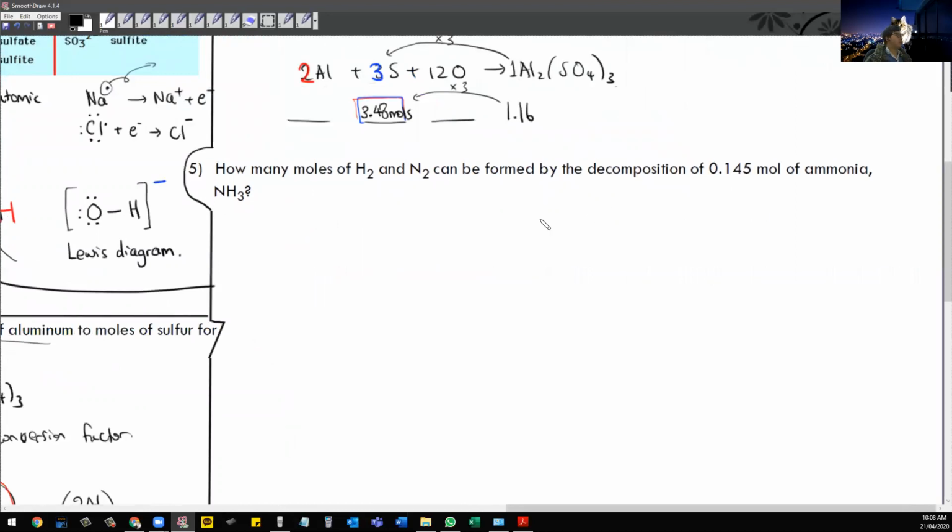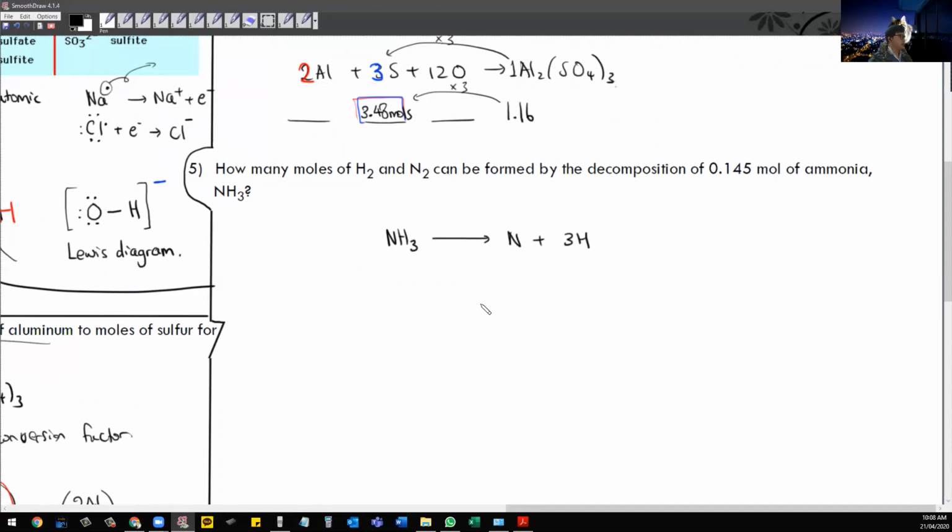All right, next question is, how many moles of H2 and N2 can be formed by decomposition of ammonia, NH3? So a really simple way of decomposing that is just that and that, right?